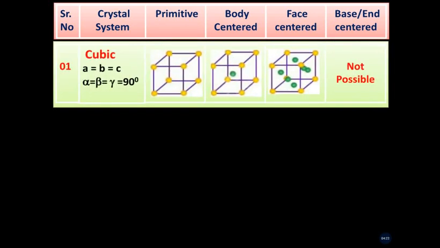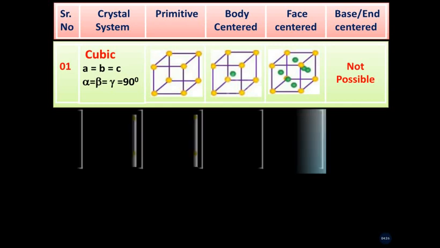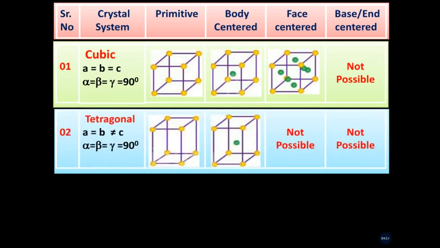In the cubic crystal system, the first 3 types of unit cells are possible, that is the primitive, body centered and the face centered. Base centered or end centered is not possible.